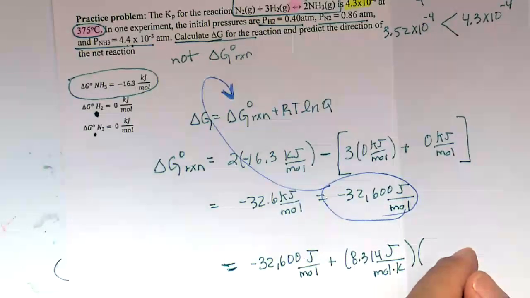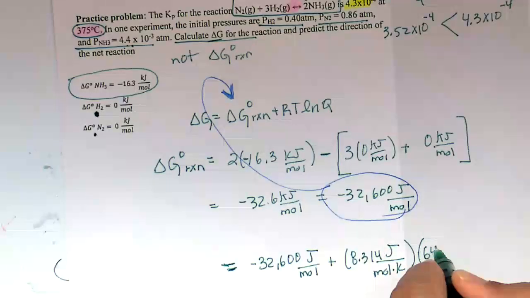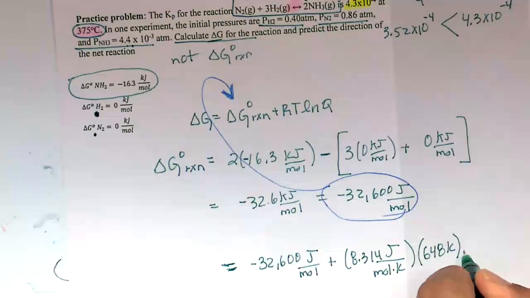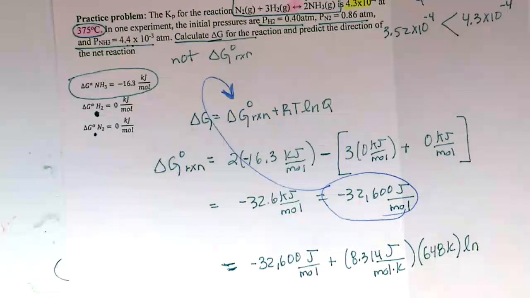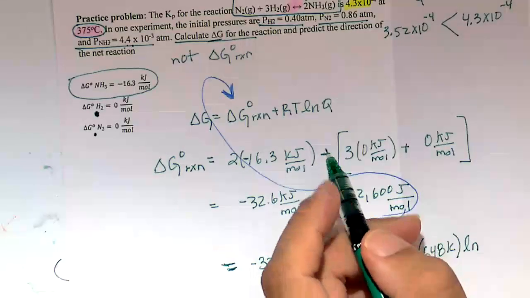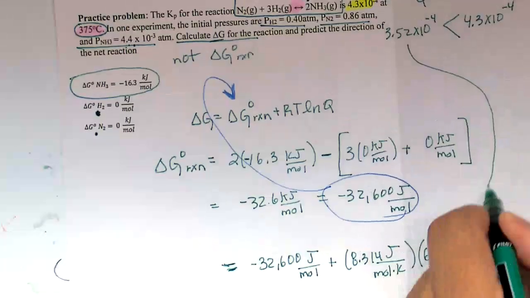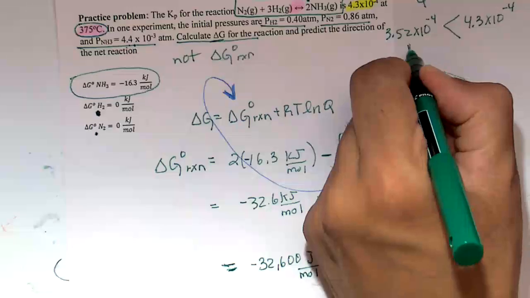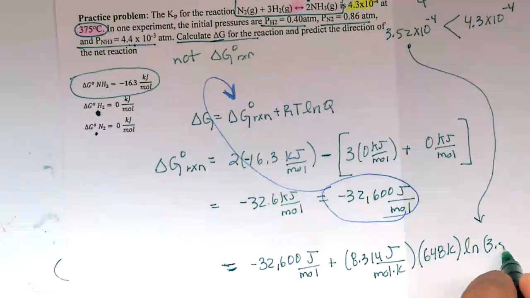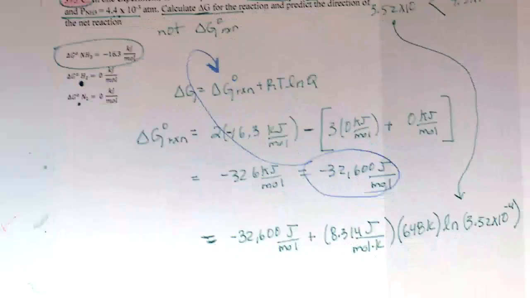Let's convert that to Kelvin by adding 273, giving us 648 Kelvin, times natural log of Q. I'm just plugging it into this equation. And the Q here is 3.52 times 10 to the minus 4.